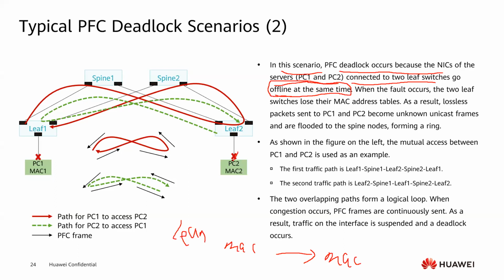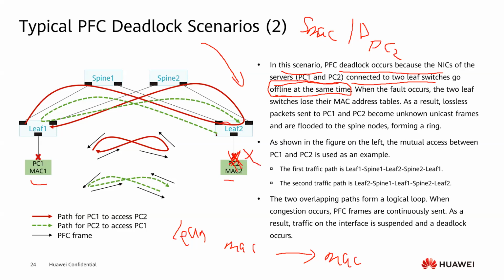Okay, if the link is down, for example, if leaf2 receives a frame, and the source MAC is from PC1, and the destination MAC is to PC2. Because the link is down.